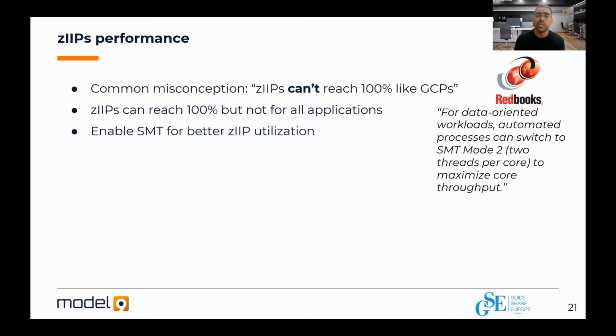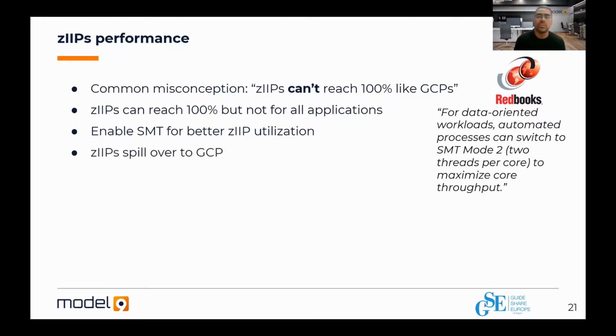So SMT is really good for data management. It might be less good for transactional workloads, but definitely for data management, SMT is the way to go. Sometimes you get to see customers reaching those 95-something percent, and it's hard for them to get to 100. Turning on SMT will definitely get you to that 100.